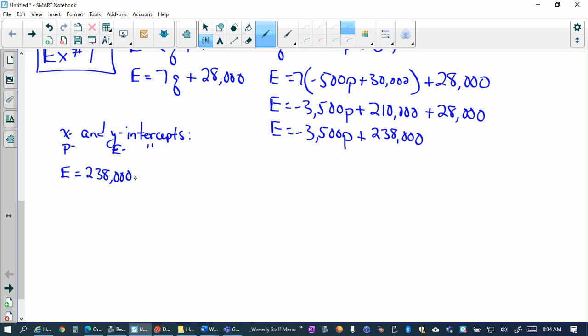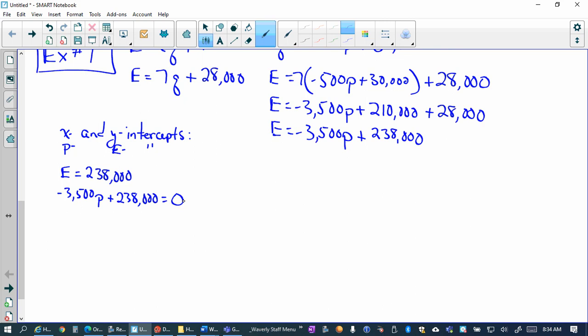Okay? Let's find the P-intercept. It's where E equals 0 now, right? So let's just do it this way. So negative 3,500 P, plus 238,000 equals, my E is 0, right? You can do that, right? Subtract 238,000 from both sides, then divide both sides by negative 3,500.